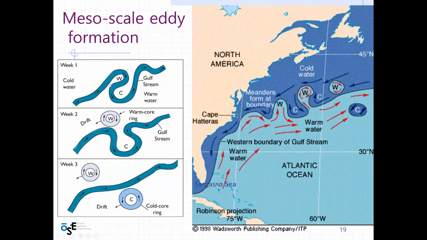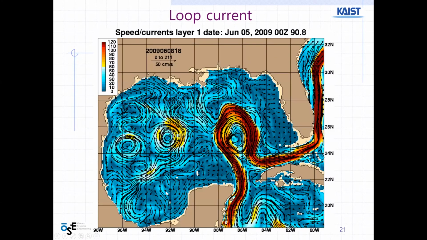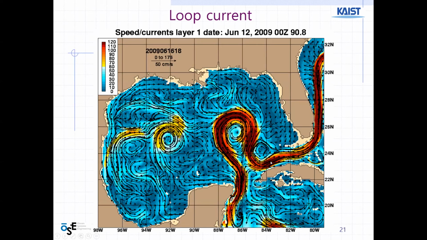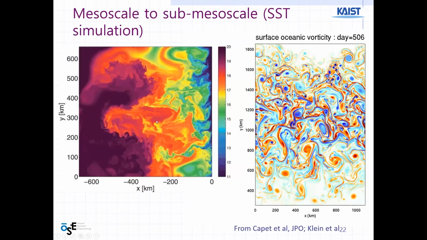When warm water and cold water meet, the water moves this way, and as time goes on, this kind of circular motion is generated, and we call all of these eddies. So like this picture, and here's another example of an eddy.